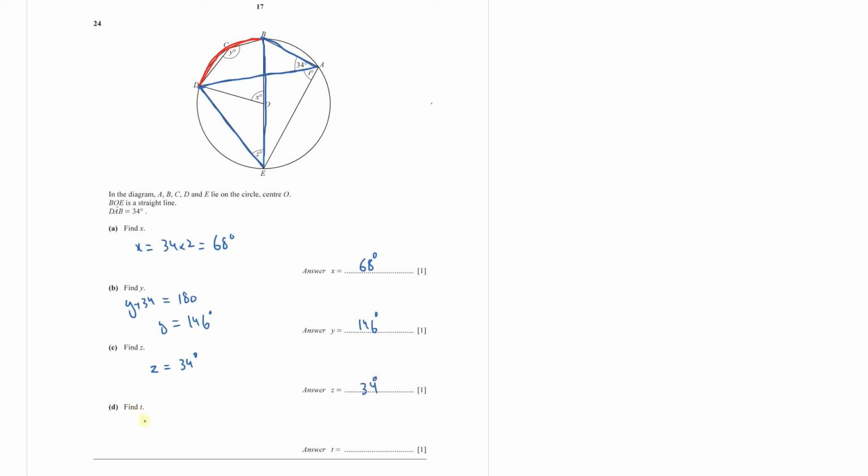The last part is find T. So let me again erase this. So for T, if you look at this triangle, which is B, E, and then A, let me make it a little better.